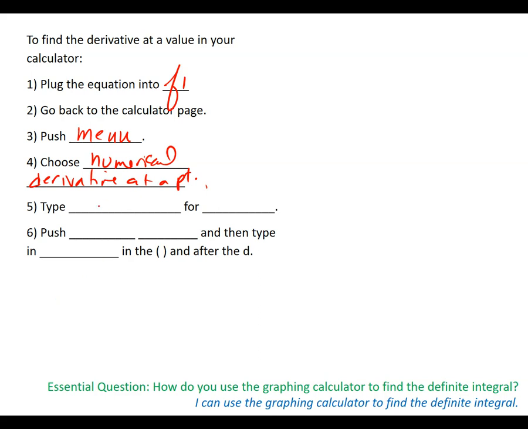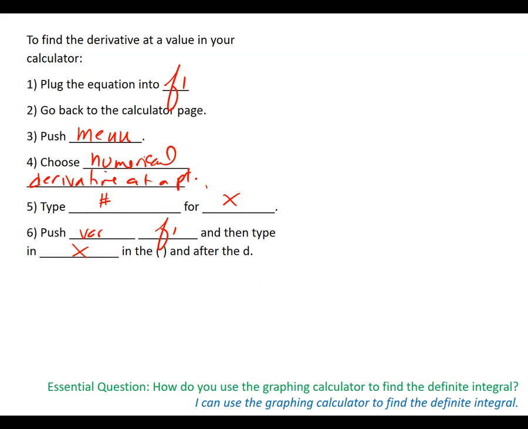Type whatever number you want for x, whatever number you're supposed to be evaluating for. And then type in x. Oh, so it's push bar F1. The same thing as we did before.